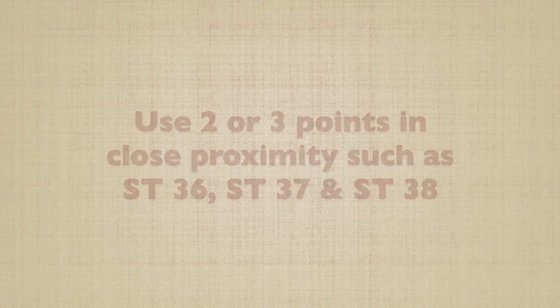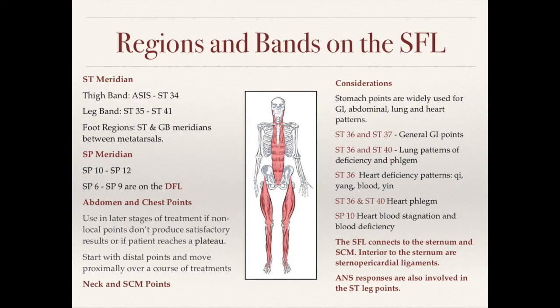The way that this overlaps with TCM is that in some of the TCM point protocols, we do find points like stomach 36 and stomach 37 being used together, but they may also be combined with points on the abdomen, such as stomach 25 or Ren 6 or Ren 12, which we see are also on the superficial front line.